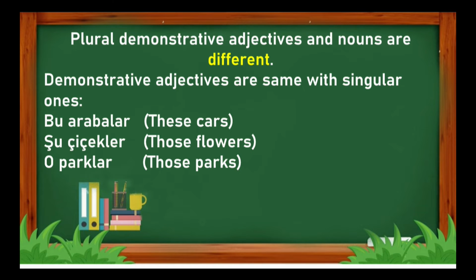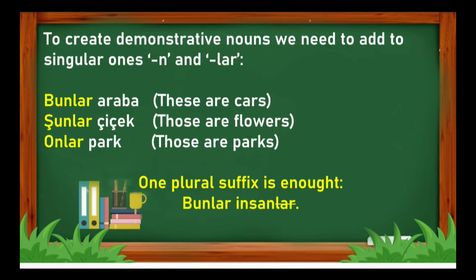But we have different ones when we proceed to demonstrative nouns. We need to add to singular demonstrative nouns n and lar to make it plural. As an example, bunlar araba.